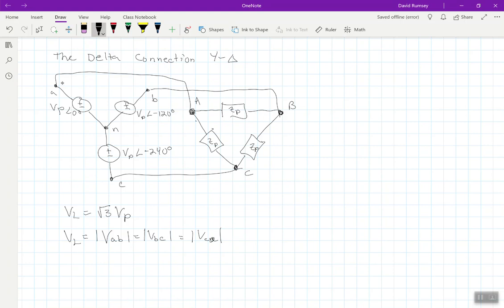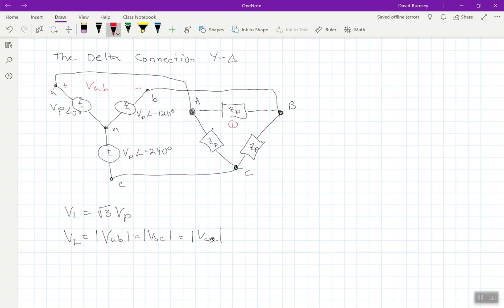But what that means is we've essentially connected these loads up in parallel. Because if you look at this first load here, this A is connected to this A, and this B is connected to this B. So it's in parallel to this voltage VAB.